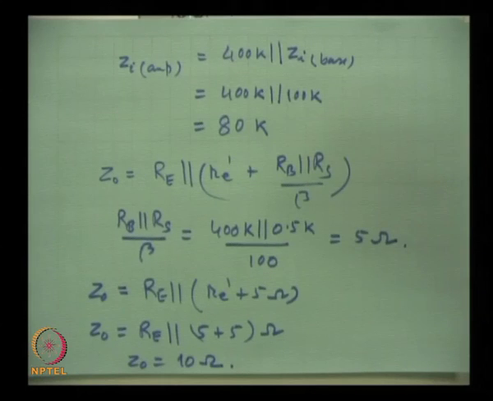So, this is the way how we can calculate the impedances for an amplifier. So, this was all about the common emitter, common collector amplifier, the emitter follower.